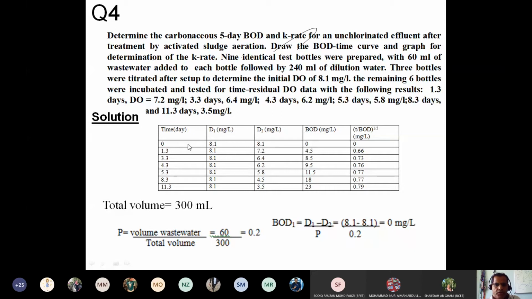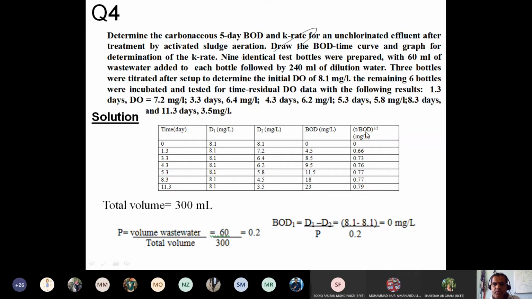Because 8.1 minus 8.1 will be 0. So you will get all 0. Second one, you calculate D1 minus D2, 8.1 minus 7.2, divided by P, 0.2, and you will get 4.5. And then so on and so forth, till you get the final value.